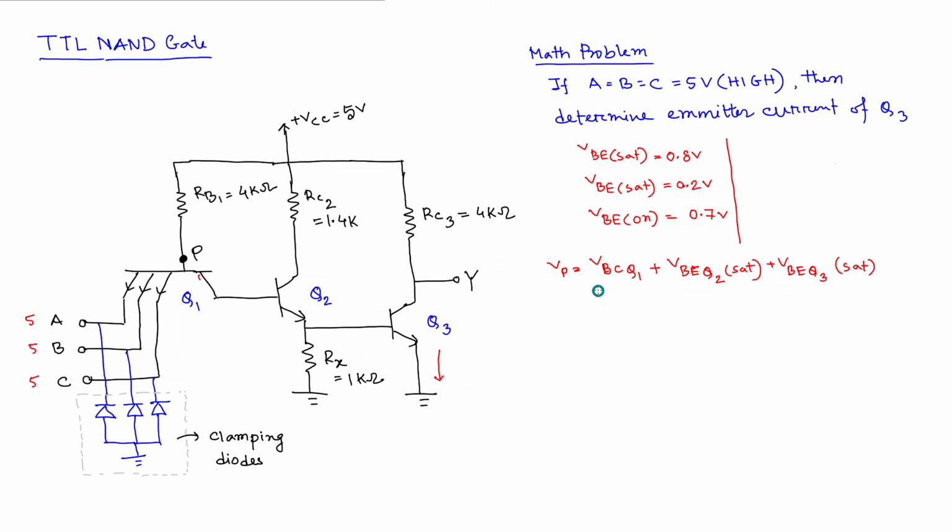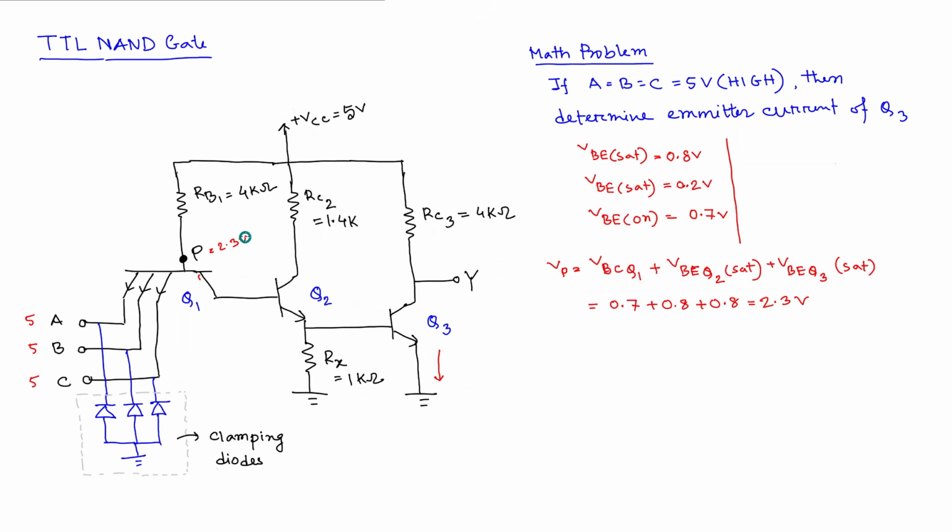So this is the voltage, which is 0.7 plus 0.8 plus 0.8. So in total 2.3 volt, right? Vp, this voltage, is 2.3 volt.